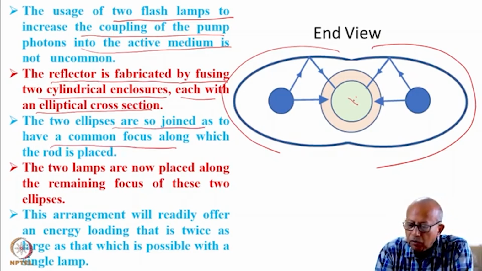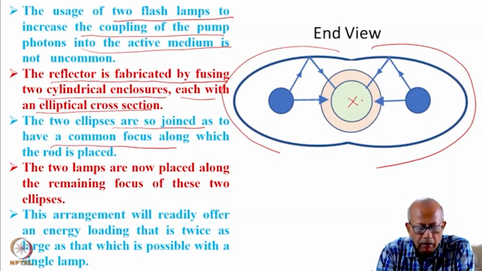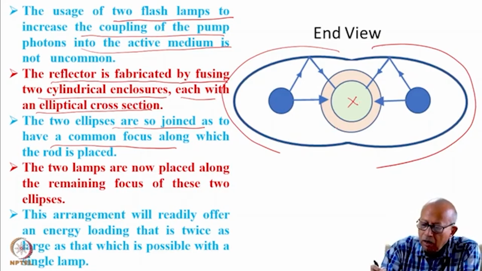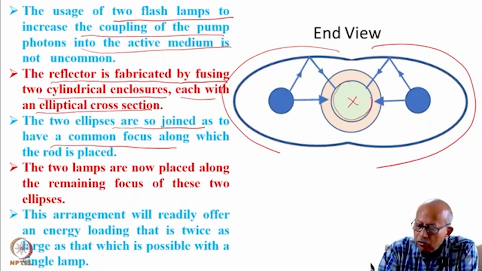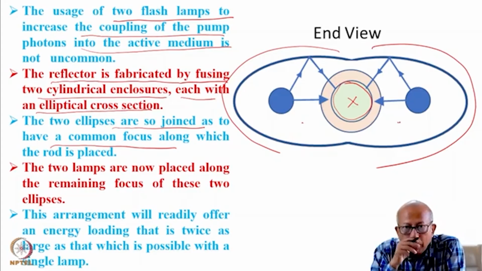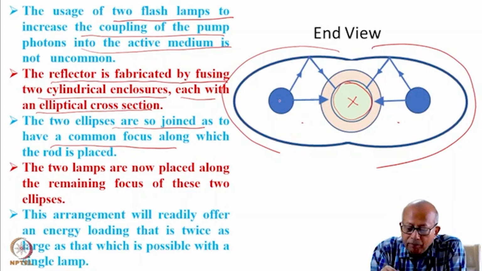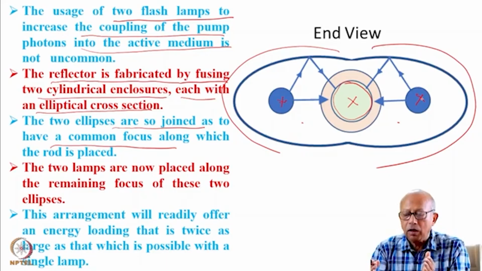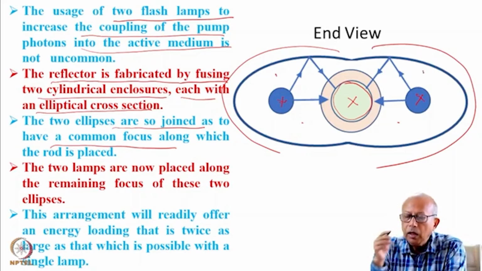This is the common focus, along which the rod is placed. So this is the rod, placed along the common focus of these two ellipses. The two lamps, these are the two lamps, are now placed on the two remaining foci of these two ellipses.